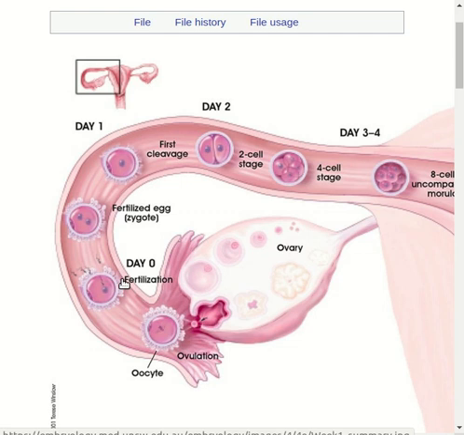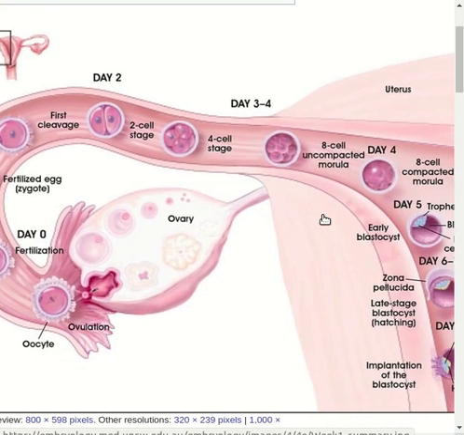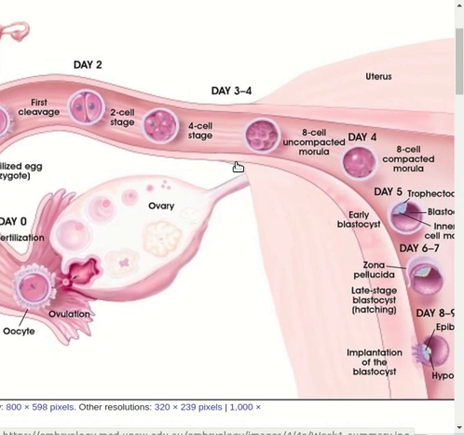So the first cleavage division divides the zygote to produce 2 daughter cells. The second division, which is completed at about 40 hours after fertilization, produces 4 equal blastomeres. By 3 days, the embryo consists of 8 to 16 cells.